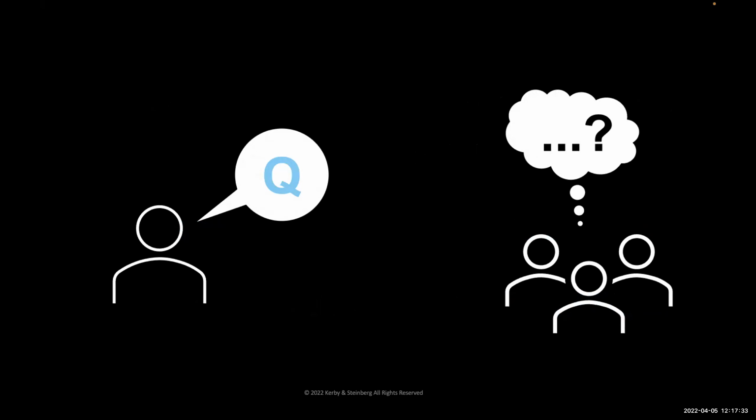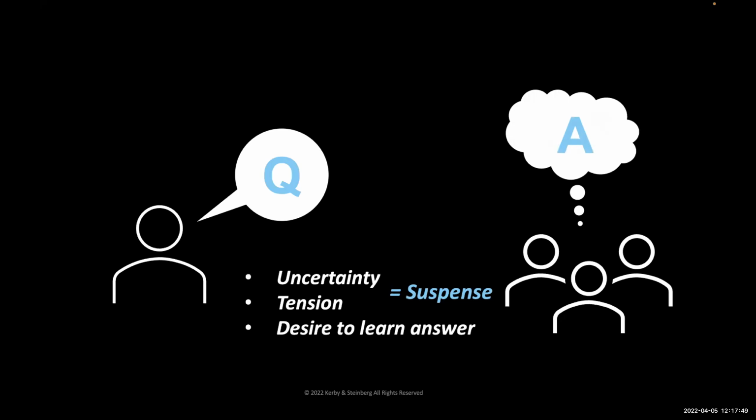And because we don't know the answer, this is a space of uncertainty. And a certain tension is there because we don't know. This is called suspense in a story. And this suspense, this uncertainty, makes us want to learn the answer and makes us willing to work to learn the answer.